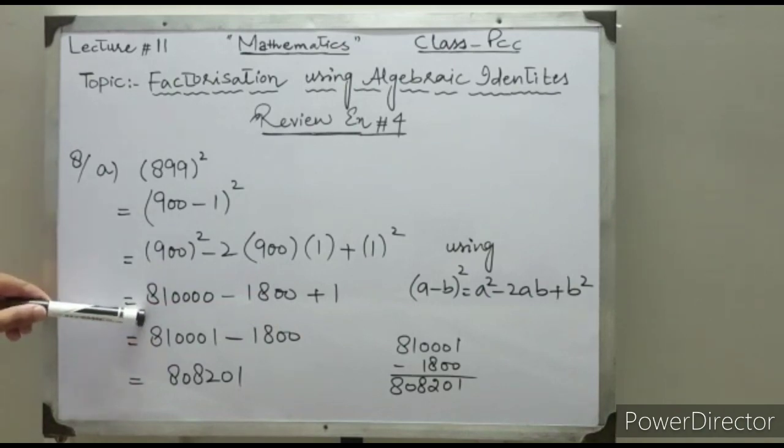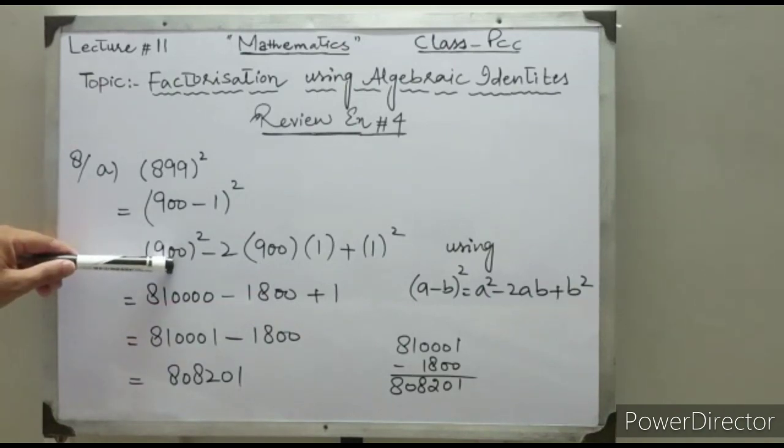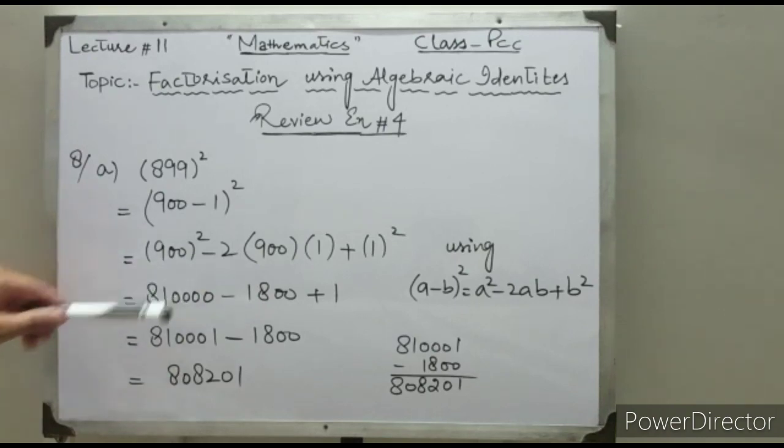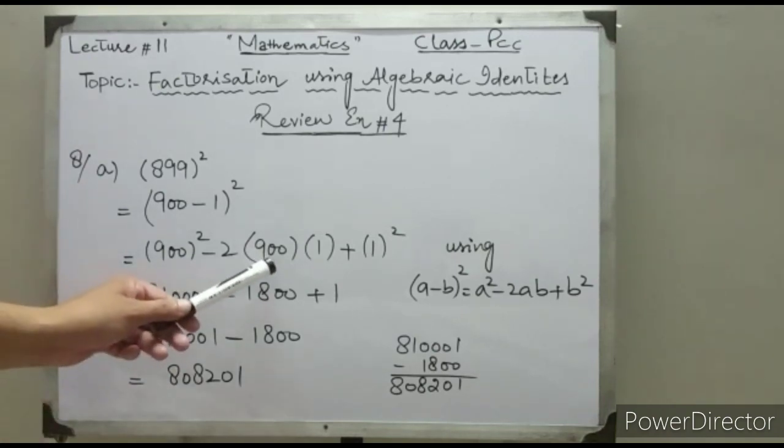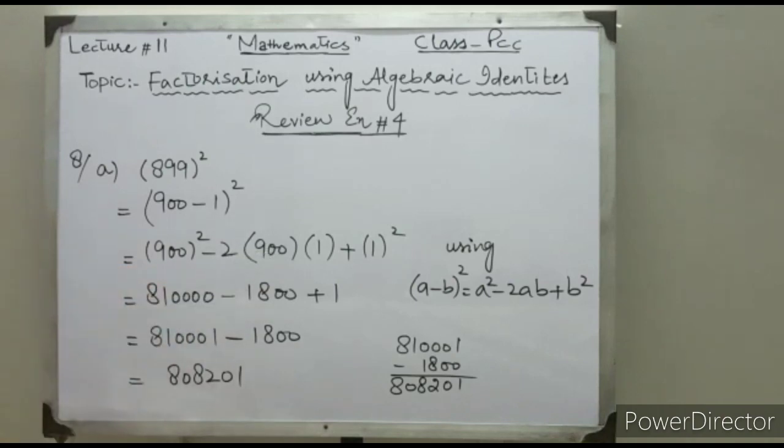Square of 9 is 81, and we just write the two zeros after it, so we get 810000. Just multiply 2 with 900, we will get 1800. Square of 1 is 1.